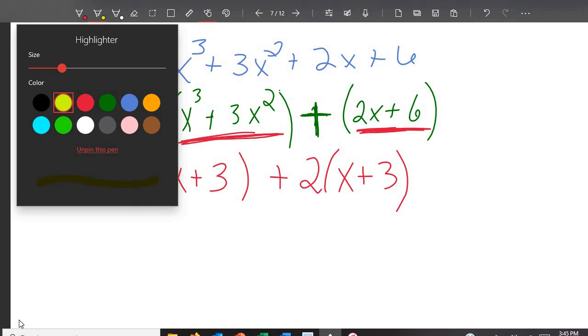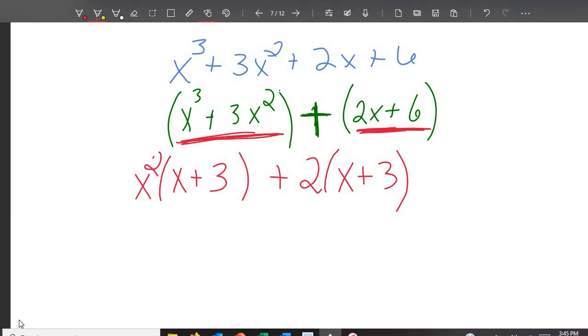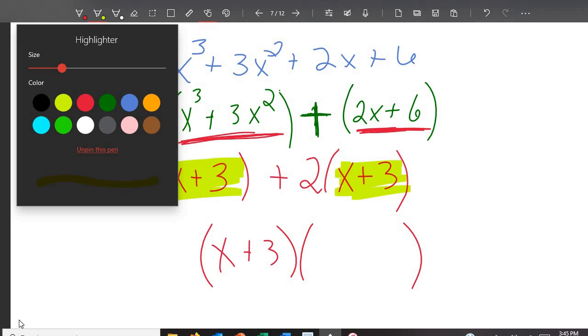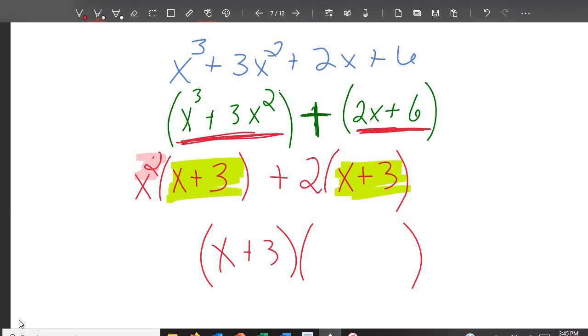So I've done the first GCF, I've done the second GCF. Now notice, they have the x plus 3 in common. The x plus 3 is the binomial GCF. What's going to go in the second parentheses is the x squared, the plus sign, and the 2.